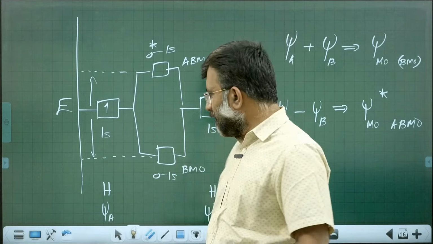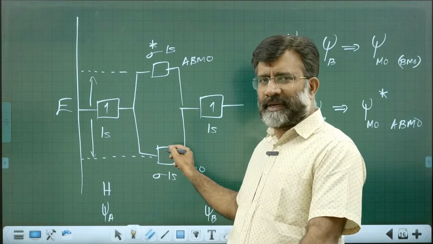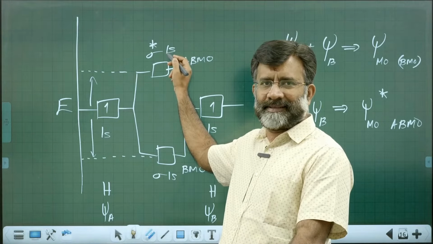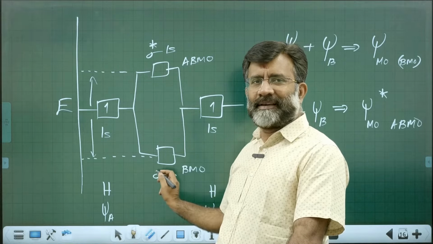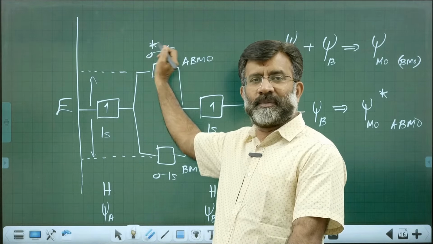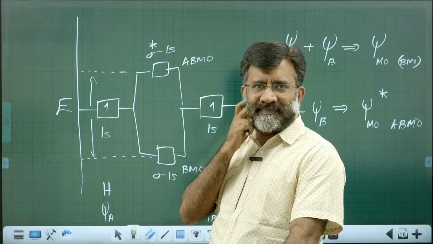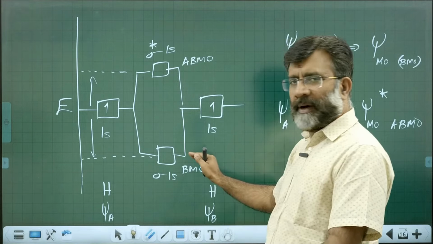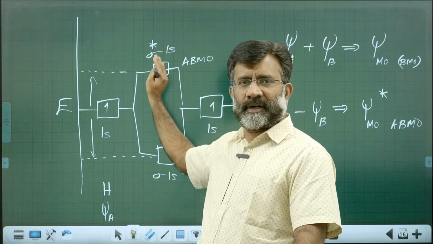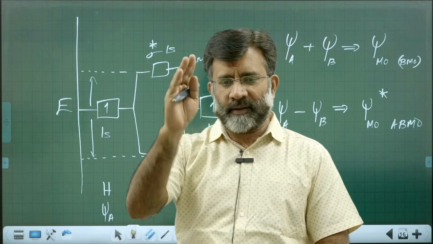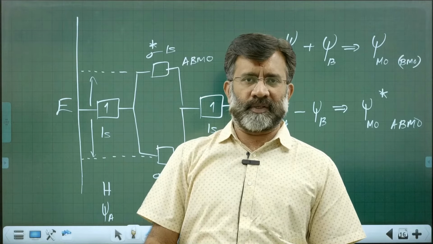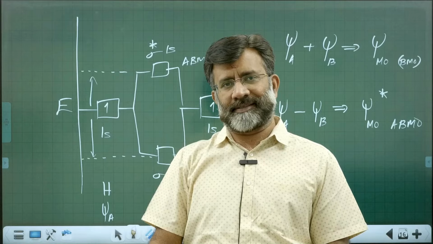When an electron comes to this, the molecule is stabilized. When an electron goes to this, the molecule is destabilized. This is obtained by addition interference. This is obtained by subtractive interference. So MO theory is in coordination with the quantum mechanical aspect of atomic structure, molecular structure, electronic structures.